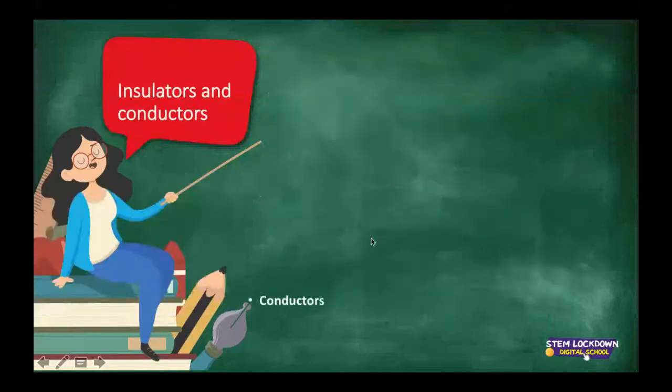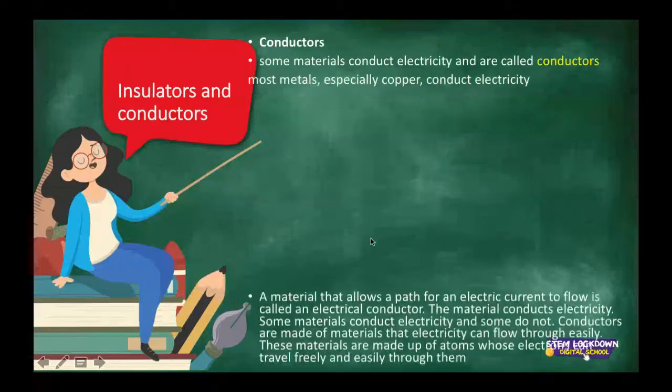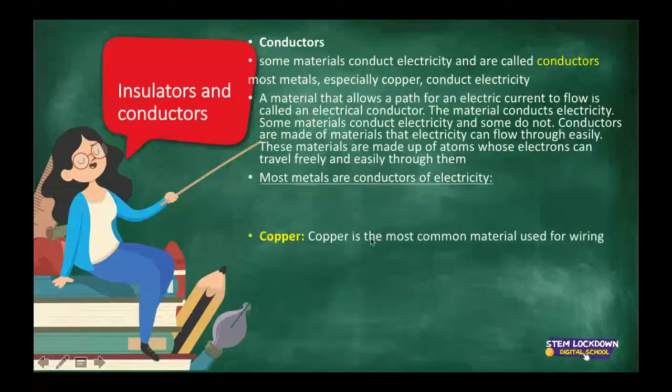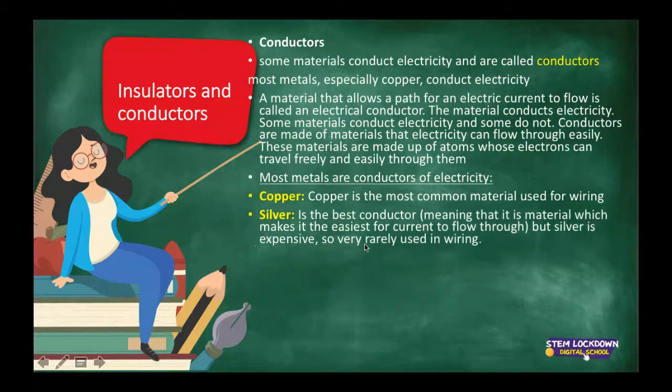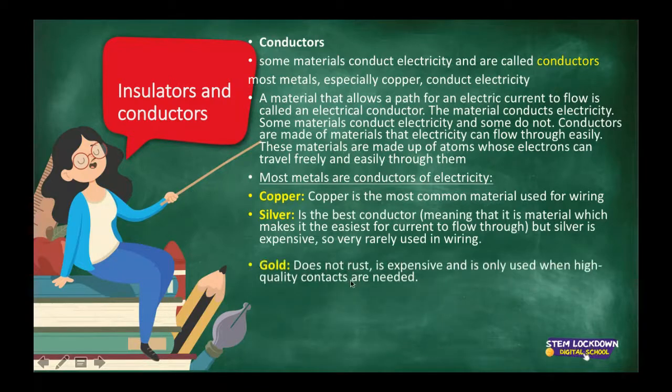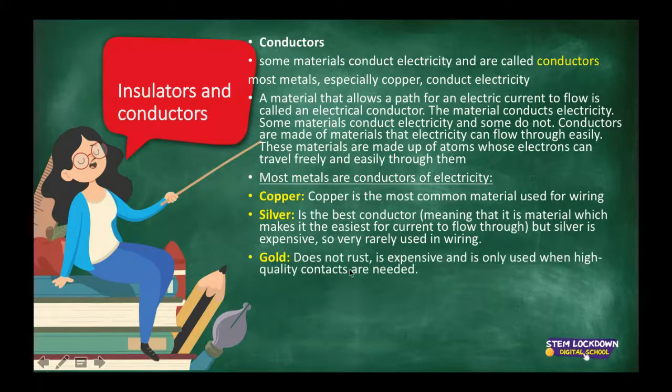All right, so we mentioned that mostly metals are good conductors of electricity. We've got copper, which is actually the most common material. There is silver. Silver is the best conductor, but it's just very, very expensive. Gold is also a good conductor.